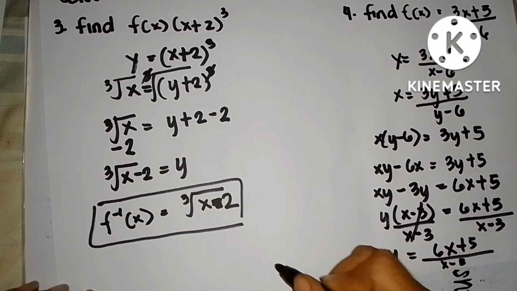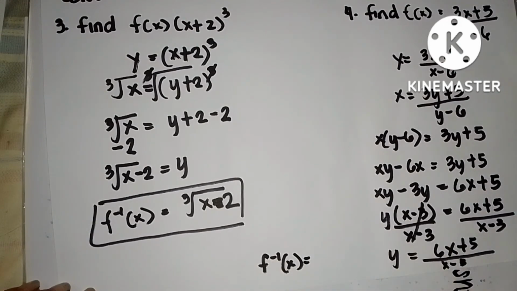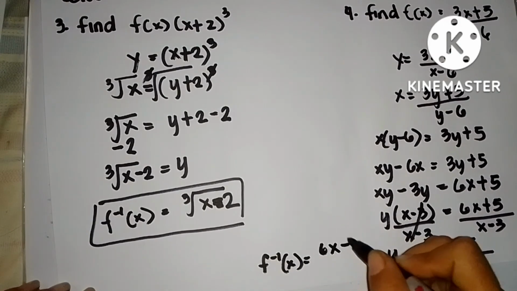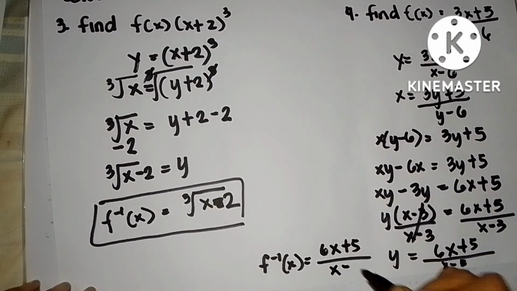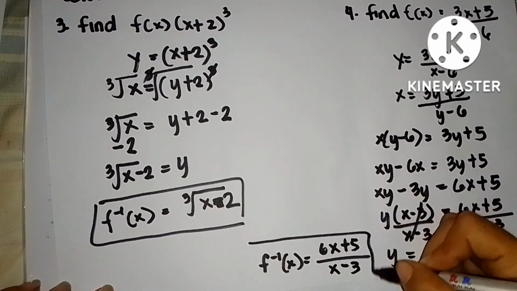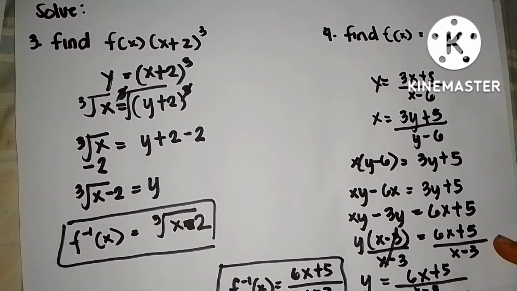So this will become the inverse function of x equals (6x plus 5) over (x minus 3). So this will be the answer for the function (3x plus 5) over (x minus 6).